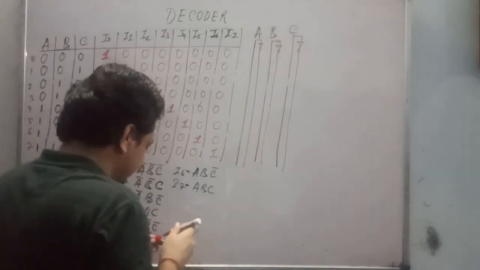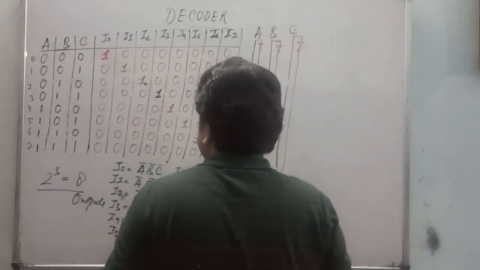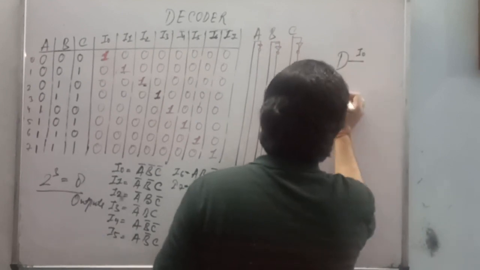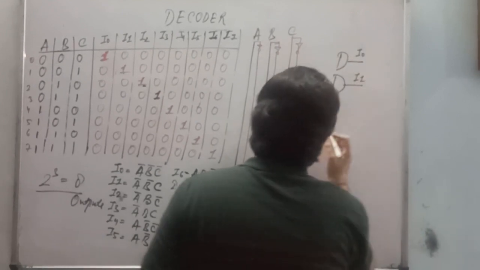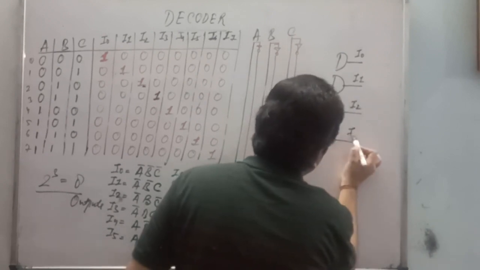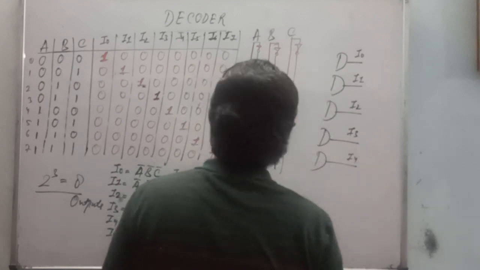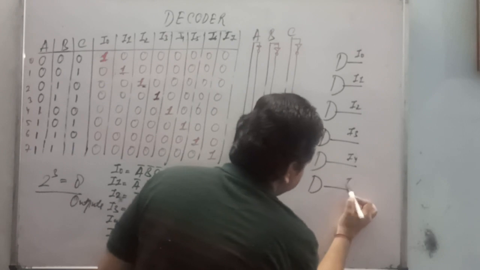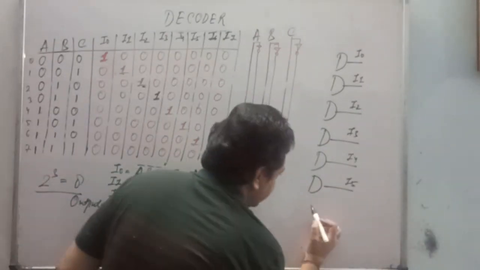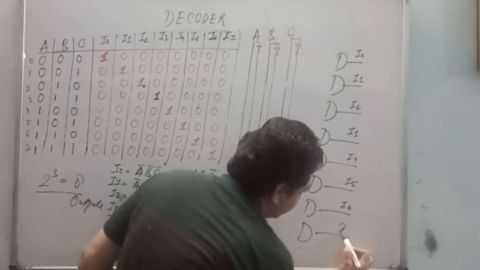Okay. Now after that I am just writing the outputs. Outputs are I0, I1, I2, I3, I4, I5, I6 and I7.